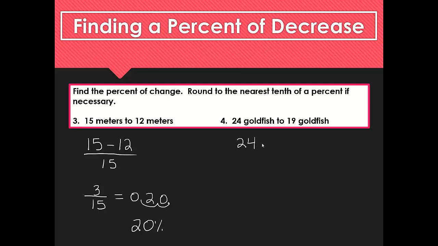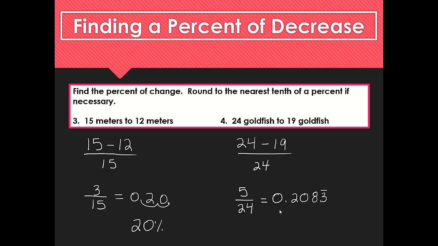Then we subtract the new amount, which is 19, and we divide that by the original amount, which again was 24. 24 minus 19 is 5. So we have 5 divided by 24. And when we do 5 divided by 24, we get 0.2083, and the 3 repeats.